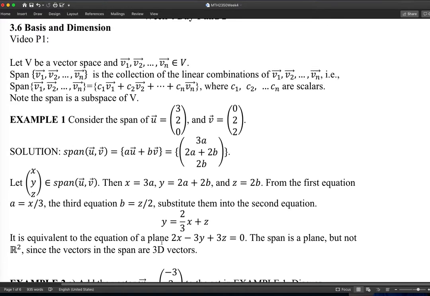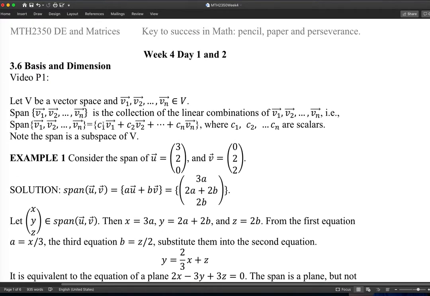Okay, so there is another concept to clarify. The span is a linear combination.